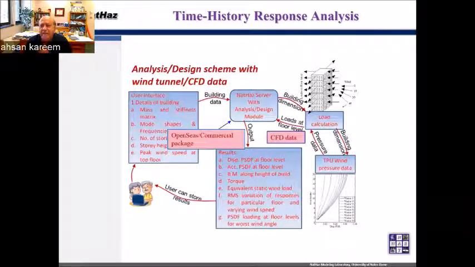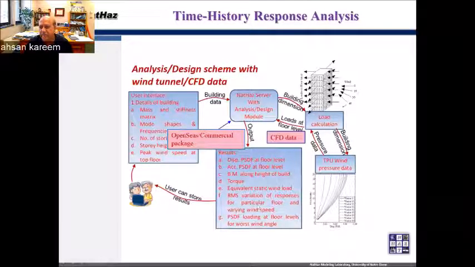Here is one example we have in which we could combine the wind tunnel or CFD data into various floor loads. If you give the mass, stiffness, and mode shapes, it can give you more generalized loads, or you can couple it with OpenSees and try to get these quantities. Many quantities of interest are listed here, including the equivalent static loads, which could come out of that as an output.